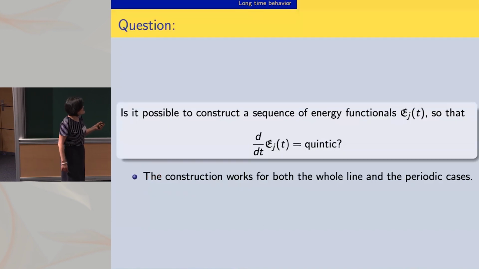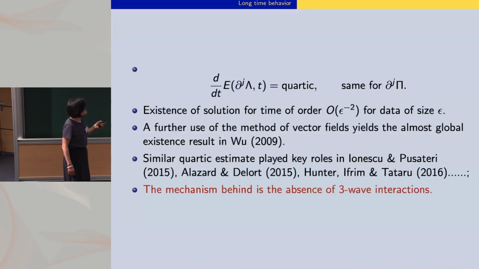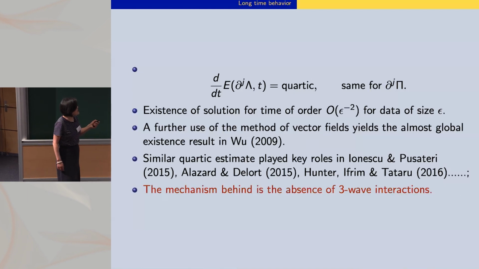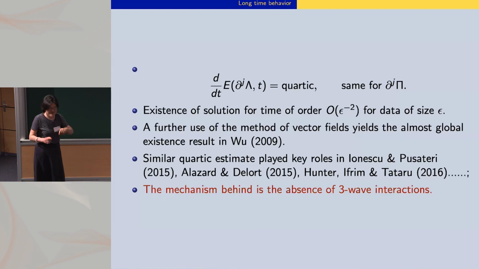Since this energy equality is so important, can you make this side quintic? Can you make this side quintic? The naive idea is that you take all the quartic terms and try to find the antiderivative and move it to the left-hand side.